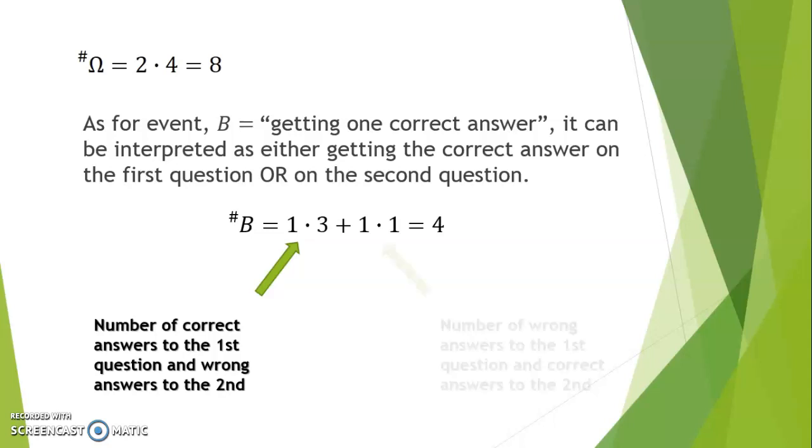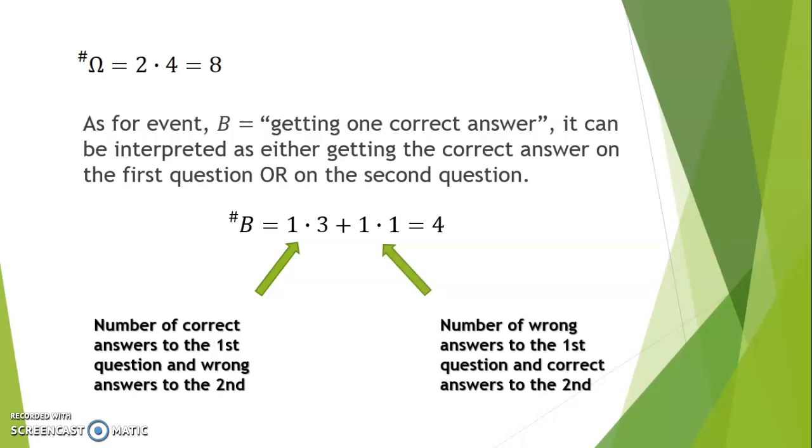Or perhaps we have the correct answer on our second try: there is one possible wrong answer to the first question, and there is only one possible correct answer to the second. So 3 ways for the first case, and only one way for the second, and that would add up to 4. In both cases, I'm excluding the possibility of having both correct answers.